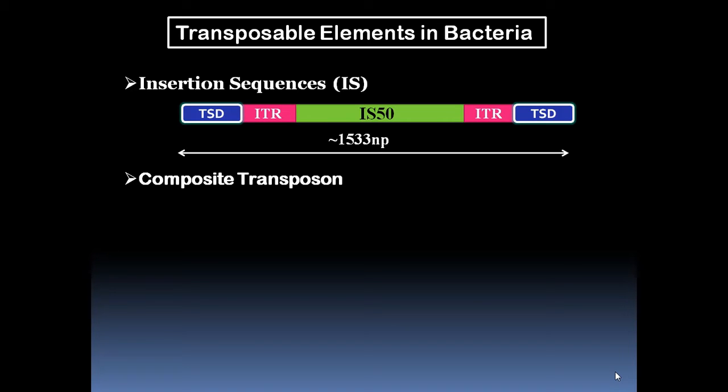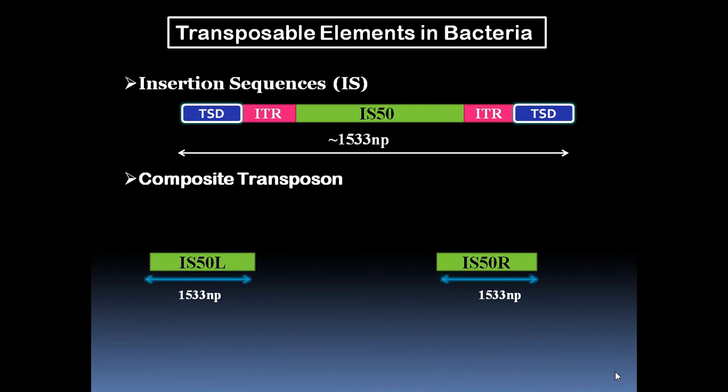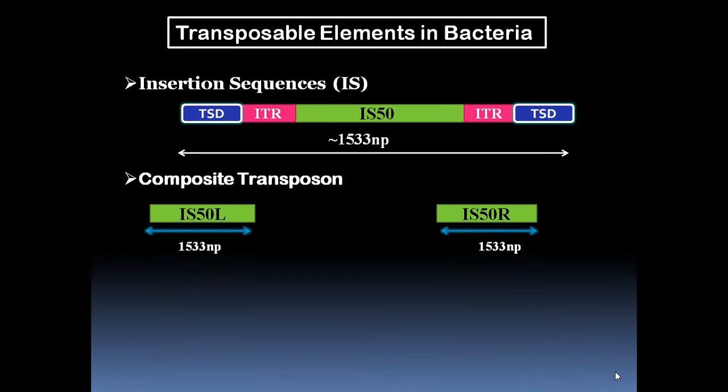So the two IS elements, considering the example of IS50L and IS50R of 1533 nucleotide pairs long, and in between them there are three important genes: kanamycin resistance gene, bleomycin resistance gene, and streptomycin resistance gene.